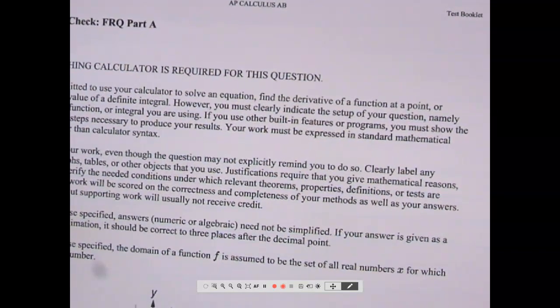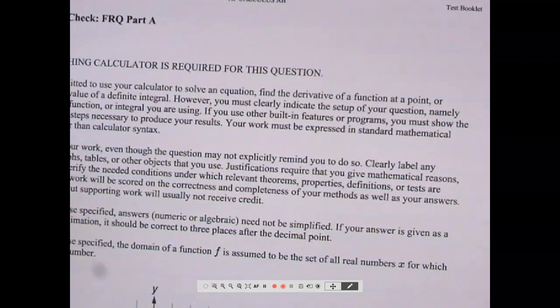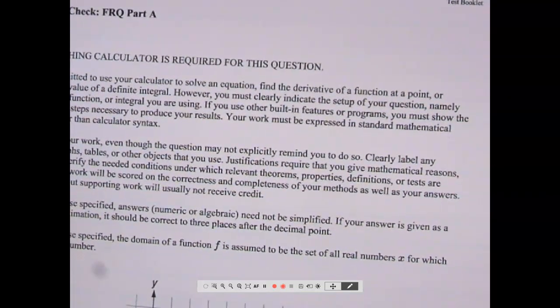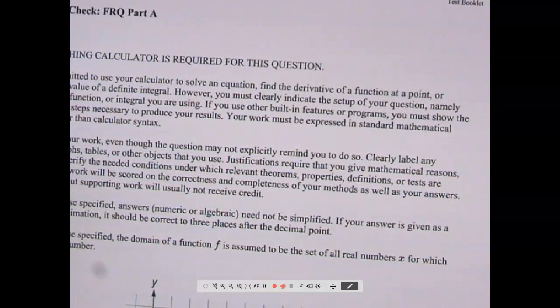However, you must clearly indicate the setup of your question, namely the equation, function, or integral you are using. So in other words, if you do everything on your calculator, you have to show the equation that you're setting up. You don't have to show the work, because the calculator is going to do all the work for you, but you have to communicate what you're putting in your calculator.